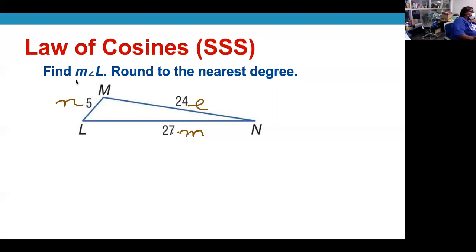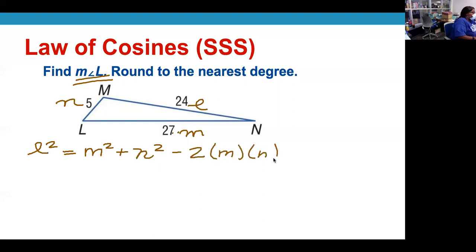So we're trying to find angle L. If we're trying to find angle L, that means we're going to start with L squared. So L squared is equal to M squared plus N squared minus 2MN cosine of L, right? Because the side and the angle always match. Okay.